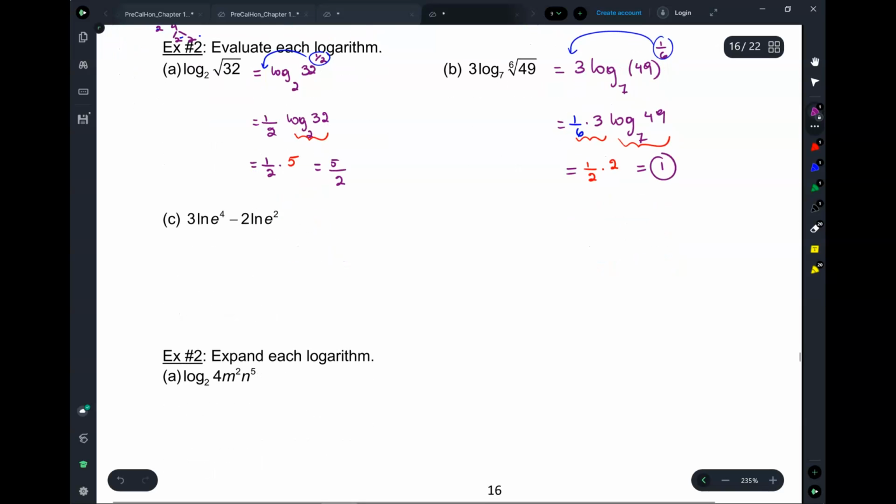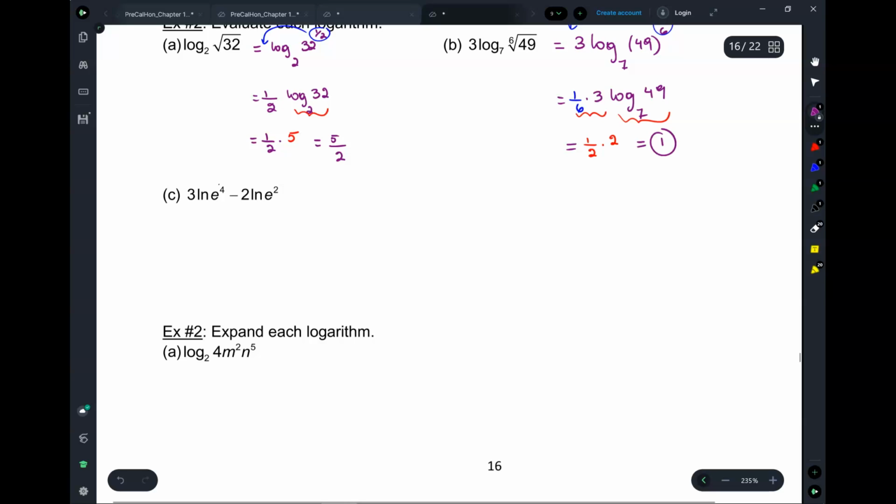Take a look at this next one. What happens to the 4 here? Moves to the front. So we've been doing problems like this, but when you use the product property, somehow it makes a little bit more sense. So 4 times 3 ln of e minus, this also moves down, so 2 times 2 ln of e.